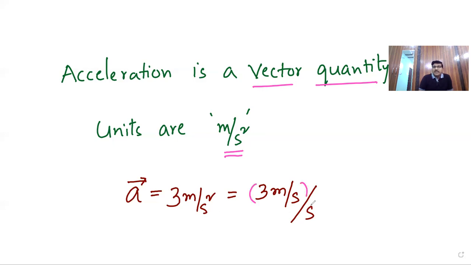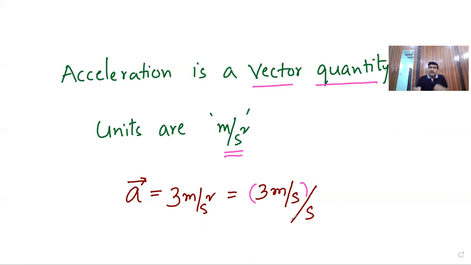That means for every second, there is a change of velocity of 3 meter per second.